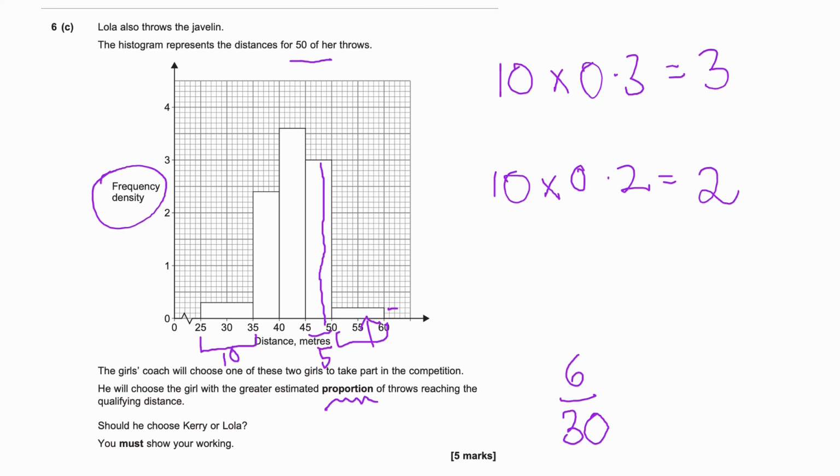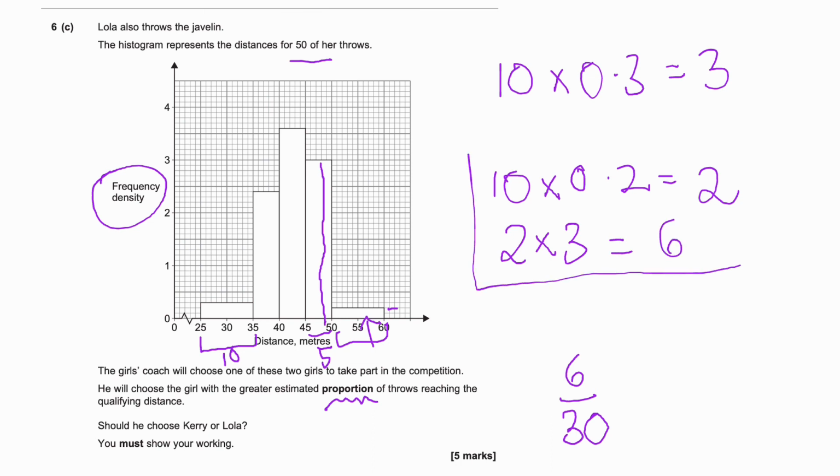And then, because we're trying to work out the part of this bar that's greater than 48, we know that our width is going to be 2, because 48 up to 50 is 2. The height of it is 3. So we can work out that bit by saying it's 2 times 3, and that should be 6.